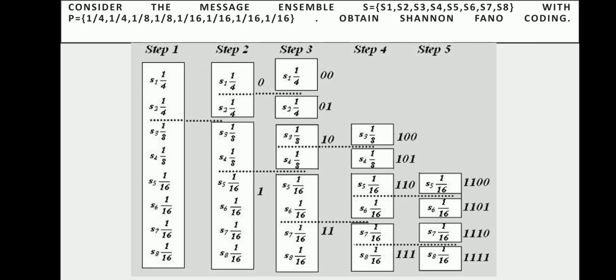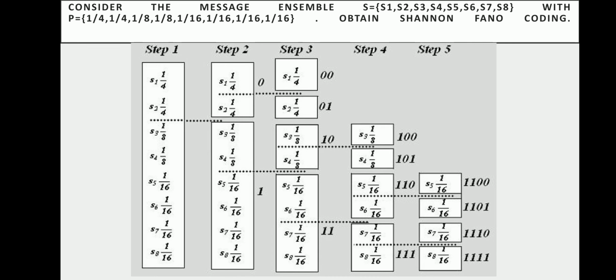So the only thing is that first we need to arrange the symbols in decreasing order of their probabilities. After that we need to group the symbols into R groups. The condition is that the sum of probabilities of each group should be nearly equal. Then again we divide each group into another R groups. In that also the sum of probabilities of subgroups should be nearly equal.